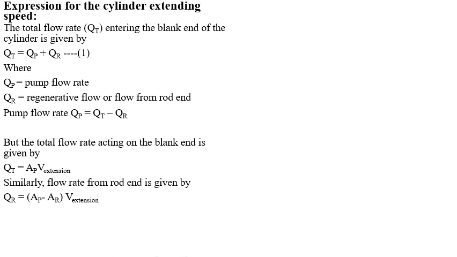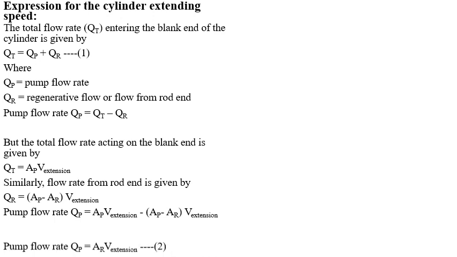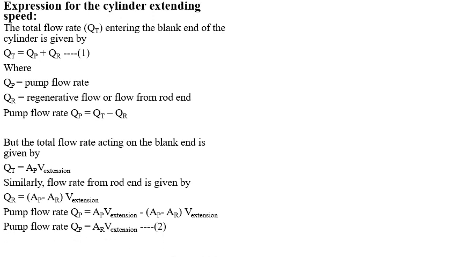Now substitute these two values in the pump flow rate equation. Qp equal to Qt, that is Ap V extension, minus Qr, that is annulus area into V extension. The equation reduces to pump flow rate Qp equal to Ar V extension, area of rod into V extension.